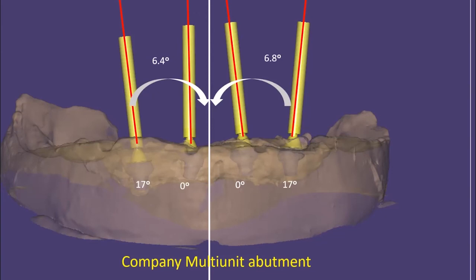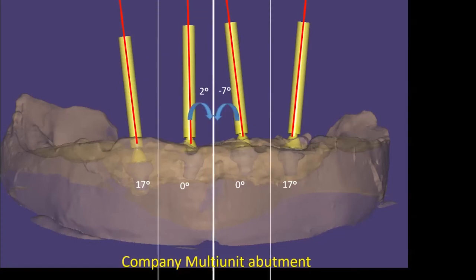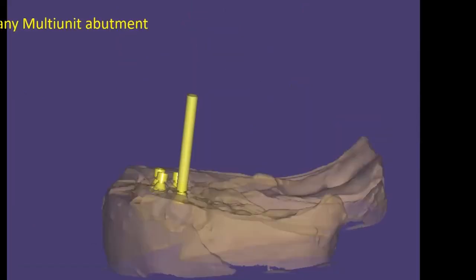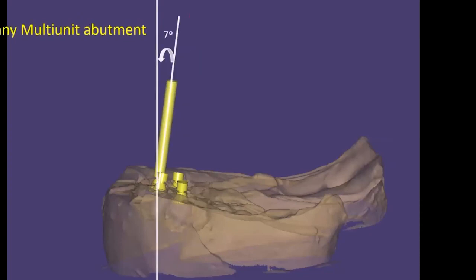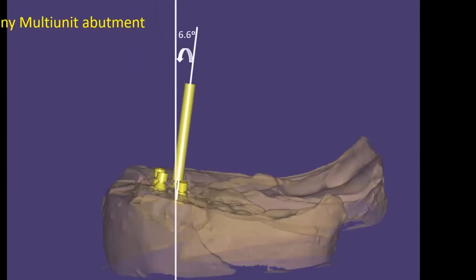So this is the main disadvantage of using a prefabricated solution. This is from the front side, and this is the one angle where we have a problem. And this is the second angle, from the buccal view. This is also a deviation: you can see 10 degree, 6 degree, 7 degree. So how are you going to compensate?